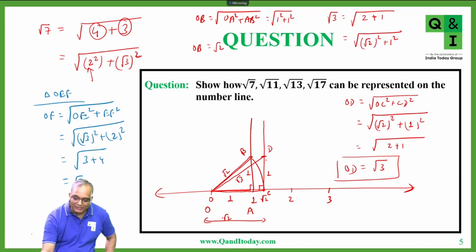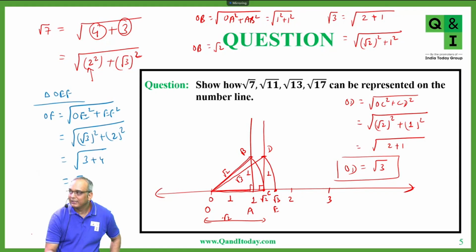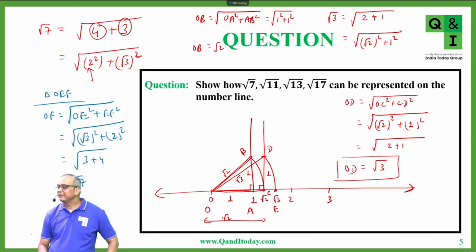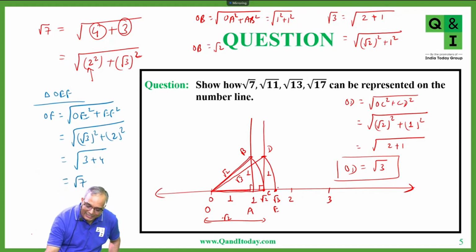Plotting of root 3, we will again draw an arc, and this point is basically root 3, and this I can name it as E. Till here, is it clear? Okay. At E now, I will draw a perpendicular here.